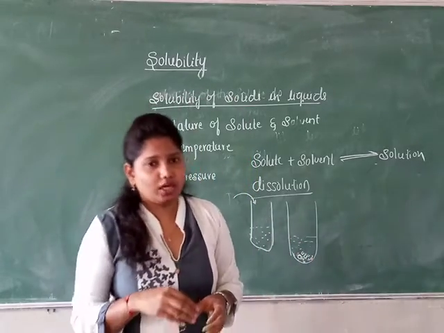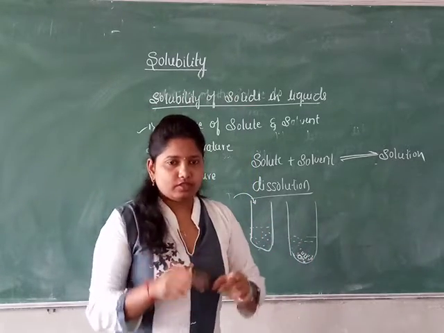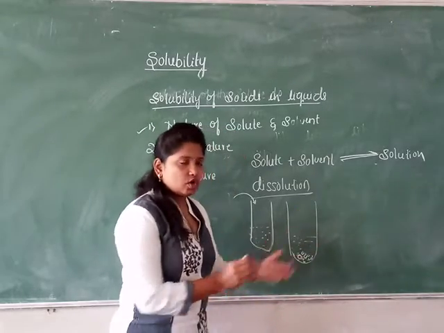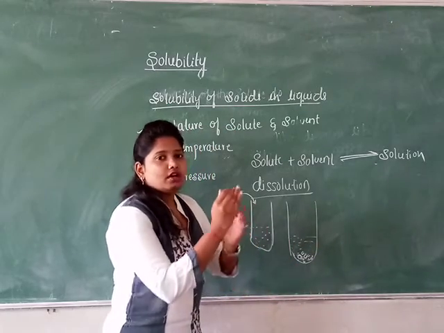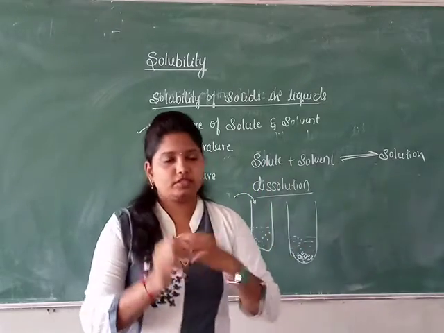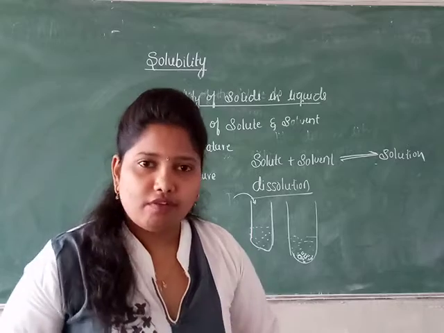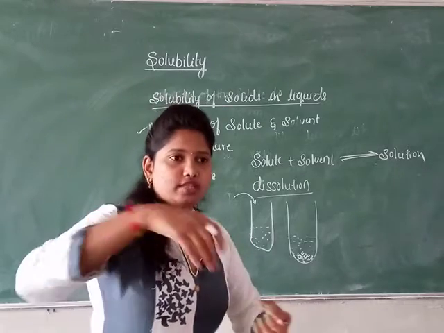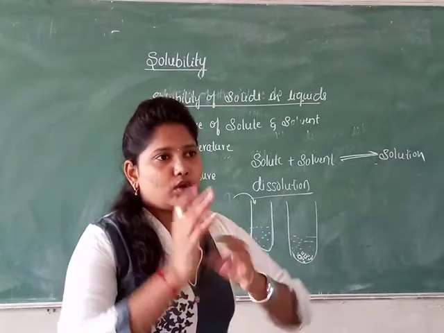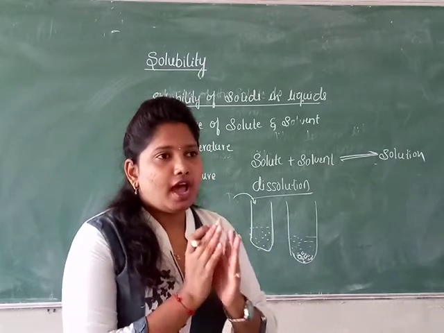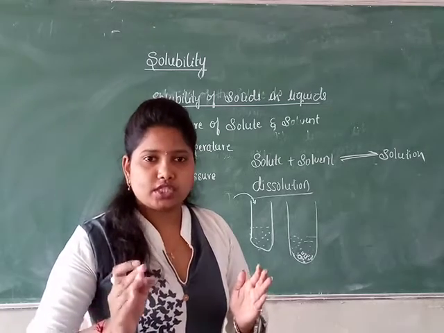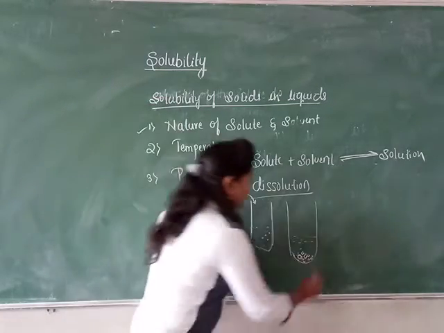Some of the solid particles dissolve in the solvent, and when you add some more solid particles, collision between the solid particles takes place, and some of the solid particles separate out from the solution. Such a process is called crystallization.